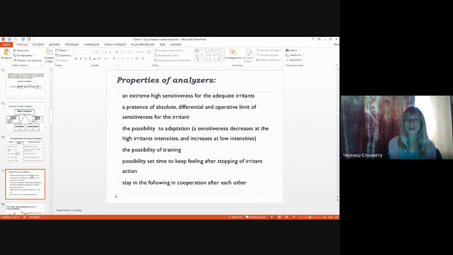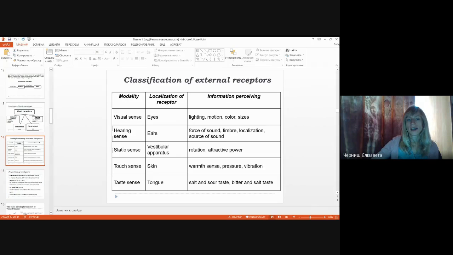These analyzers cooperate with each other, so it's important because we have a general picture of the environment and we don't separate some feelings. We often use our eyes, our taste, the different possibilities of skin, together to analyze the situation near our body, near us, in the environment.